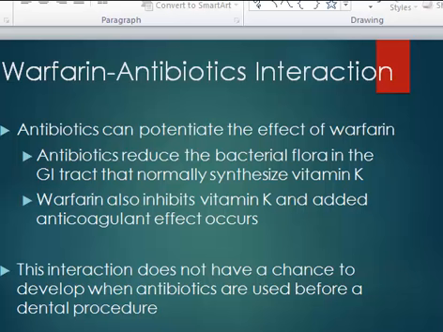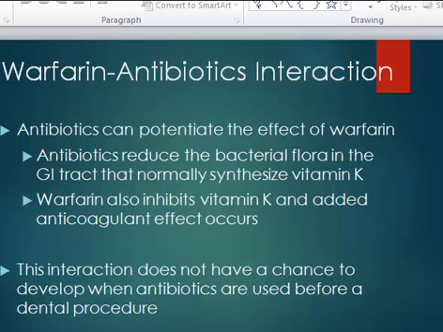Warfarin and antibiotics. Antibiotics can potentiate the effect of warfarin because antibiotics reduce the bacterial flora that normally synthesize vitamin K in our gut. Warfarin also inhibits vitamin K, and that's an added anticoagulant effect.